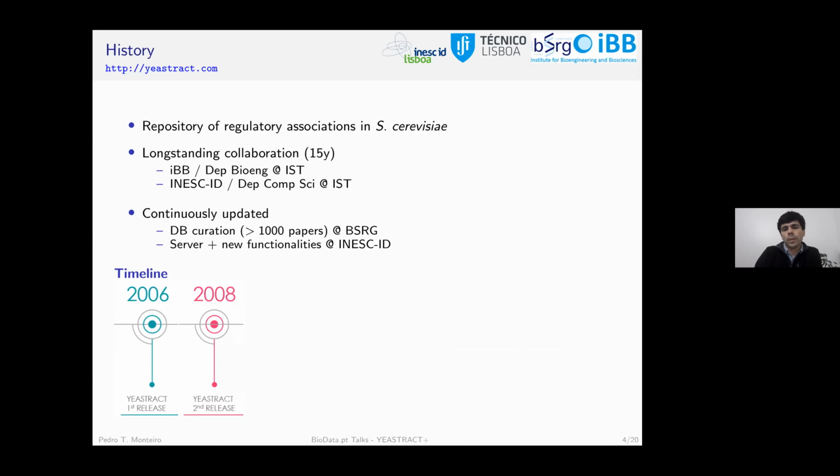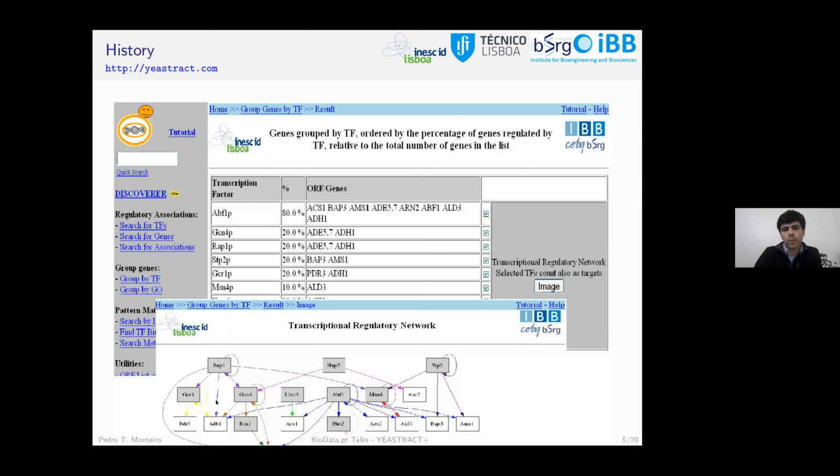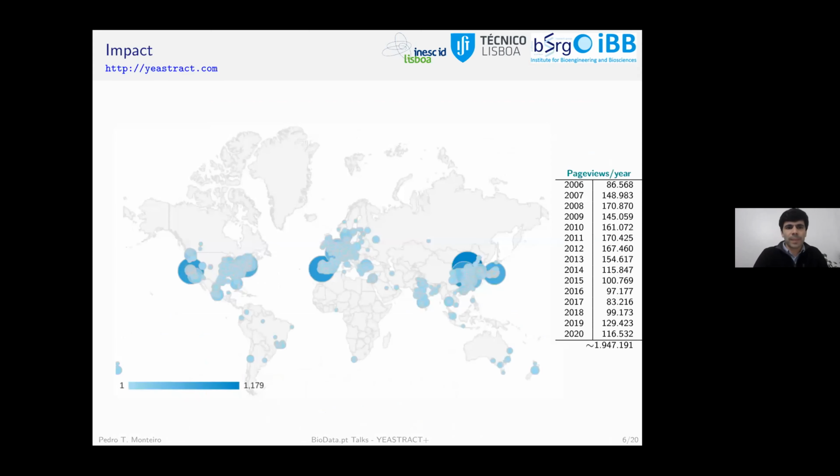In 2008, we had the second release, and this is a photo that I retrieved from a computer from 2009, where we can check the targets of some transcription factors and visualize the network. Nowadays it's not like this, but it was just going back in time.